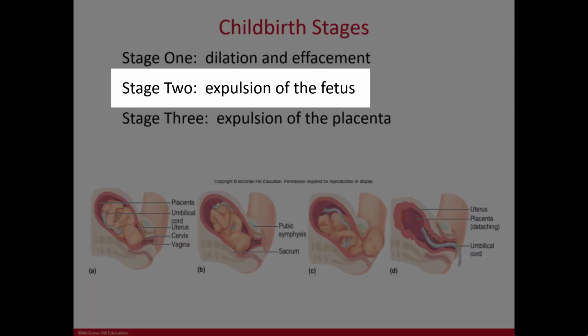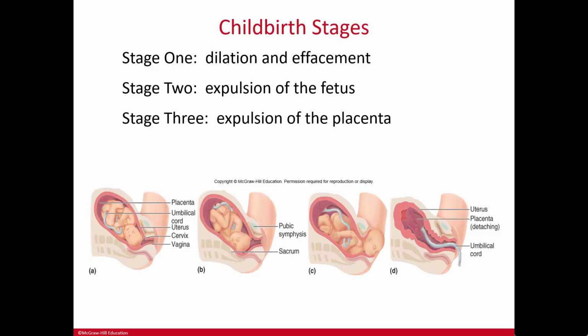The second stage of labor is the expulsion of the fetus, and the uterus will continue to contract, and pain will continue because of the stretching of the cervix and the vagina by the fetal head. When the head reaches the vaginal opening, it's said to be crowning. An episiotomy may be performed, which is just a surgical incision of the vulva to widen the opening and prevent tearing of the tissue. After the baby is delivered, the umbilical cord is clamped and cut.